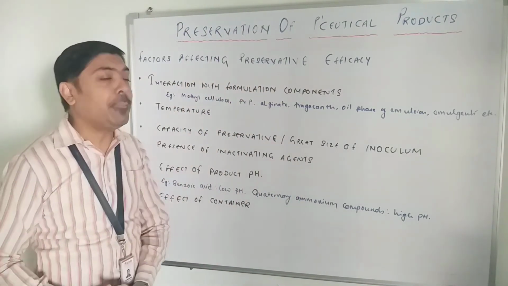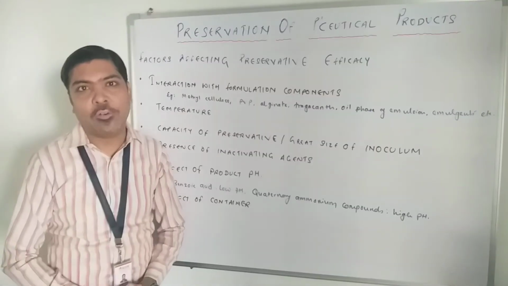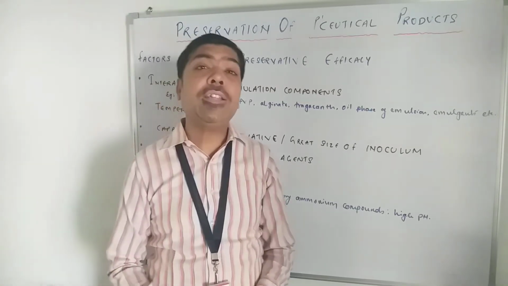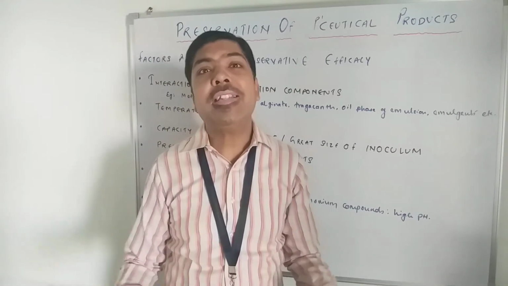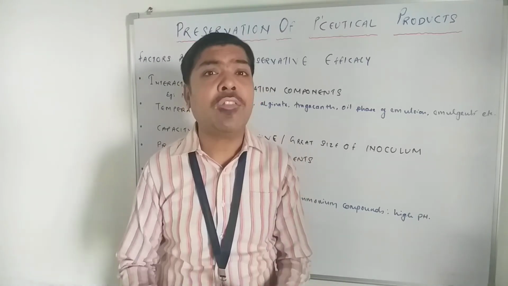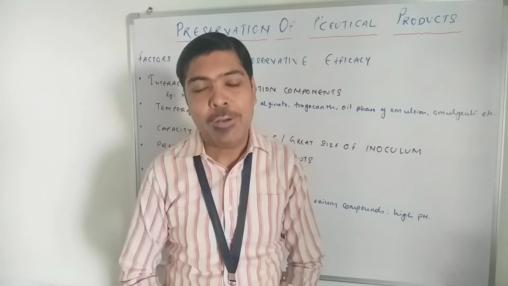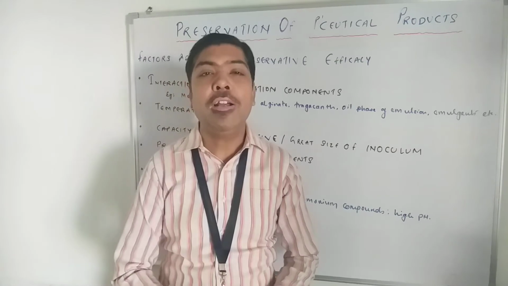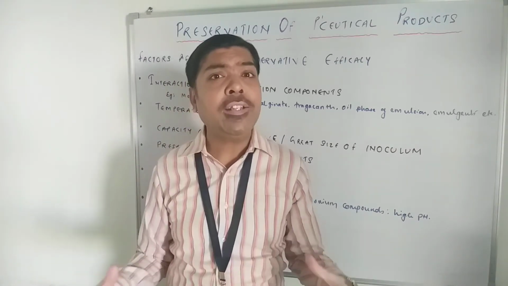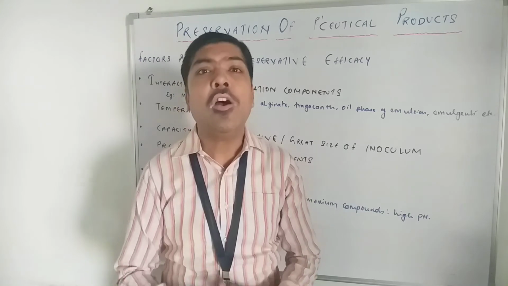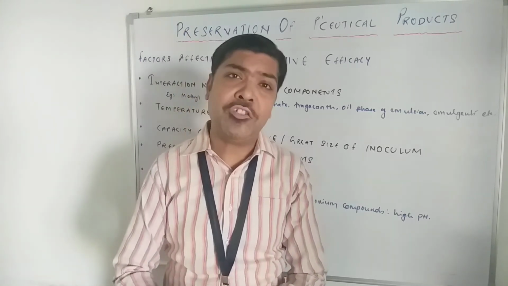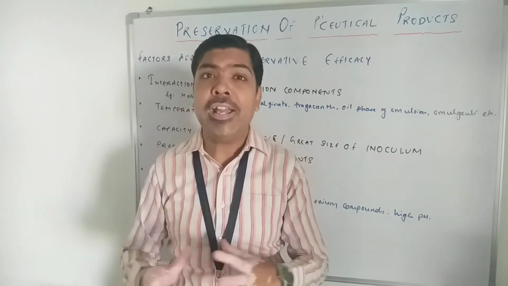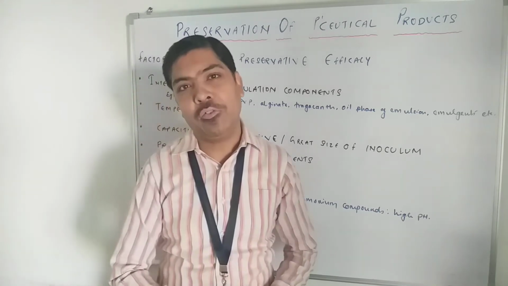Now the next factor is the capacity of the preservative and the grade size of the inoculum. We have already discussed in the previous video that a preservative is added in any pharmaceutical preparation in order to protect it from spoilage. But preservatives are not added in order to mask poor manufacturing procedure. It means if you are not following the appropriate manufacturing procedure or the good manufacturing practices guidelines, and then you prepare a pharmaceutical product, it may have an extremely high load of microbes.